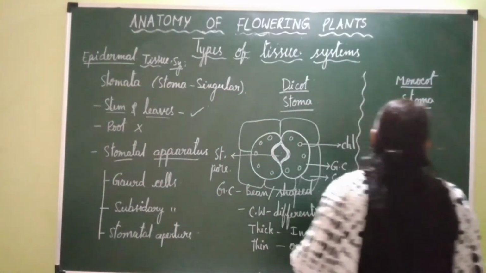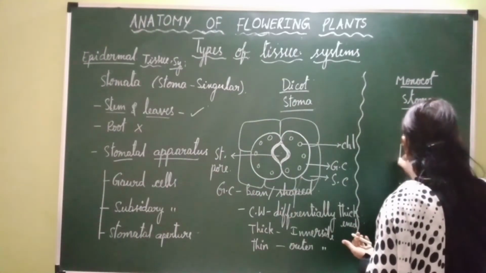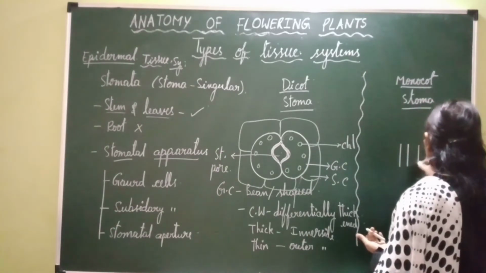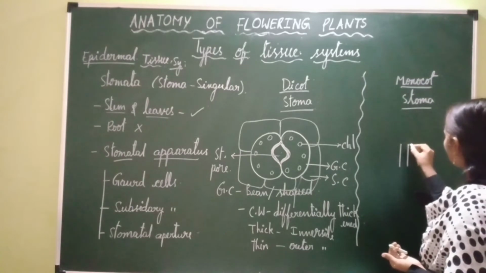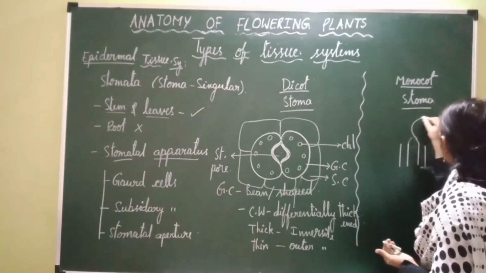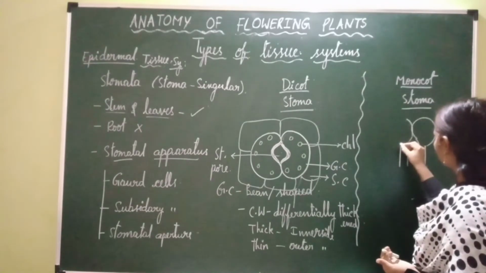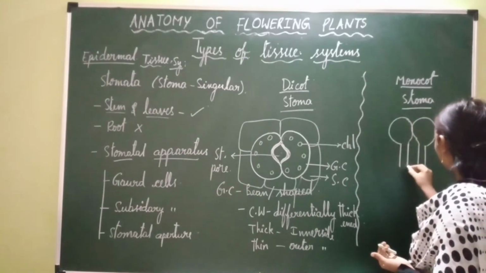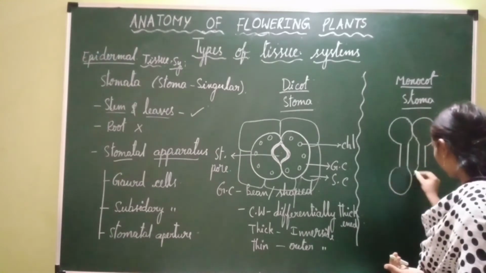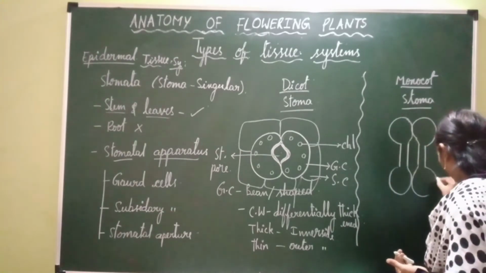In case of monocot plants, the guard cells are dumbbell shaped. Right.